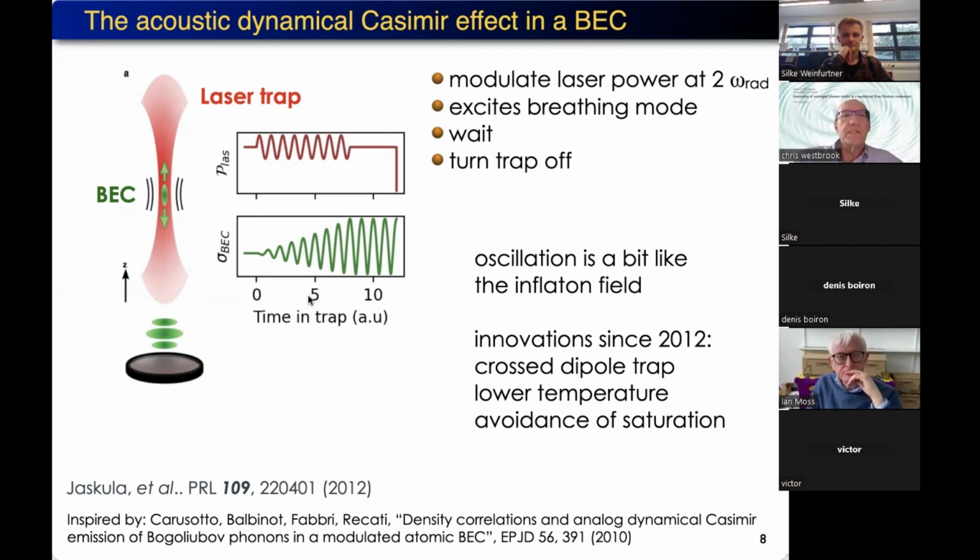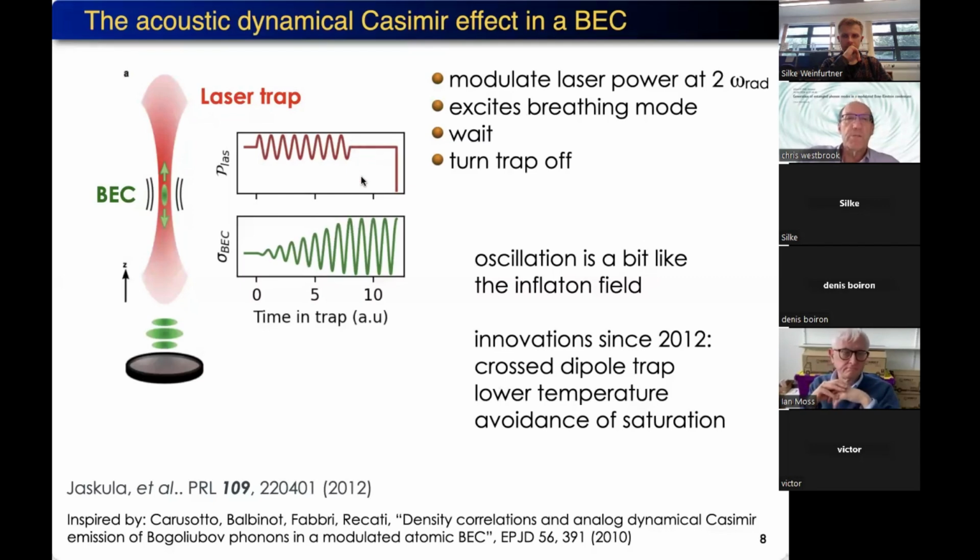What the BEC does is begin to respond to this modulation, and if we excite close to the transverse trapping frequency, we actually excite a breathing mode in this condensate, and this will continue to oscillate even after we stop the laser.